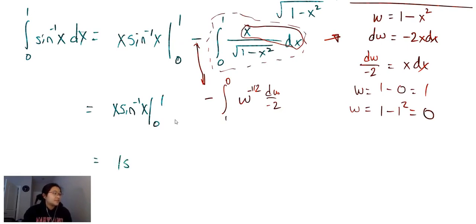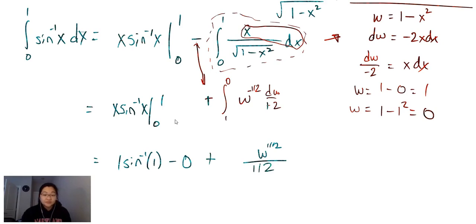We get 1 times arc sine of 1 minus 0 times whatever, okay, minus, and then w to the negative 1/2 is going to give us w to the 1/2, divided by our new power, which is 1/2. And this minus that is going to go with that one to go to a plus.